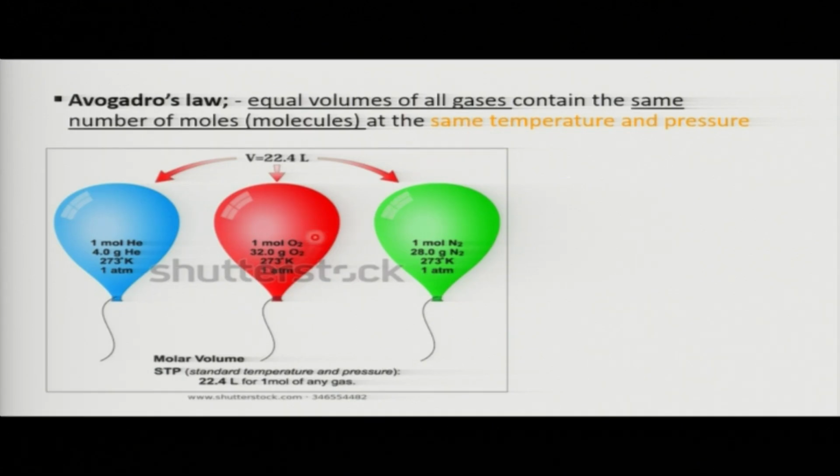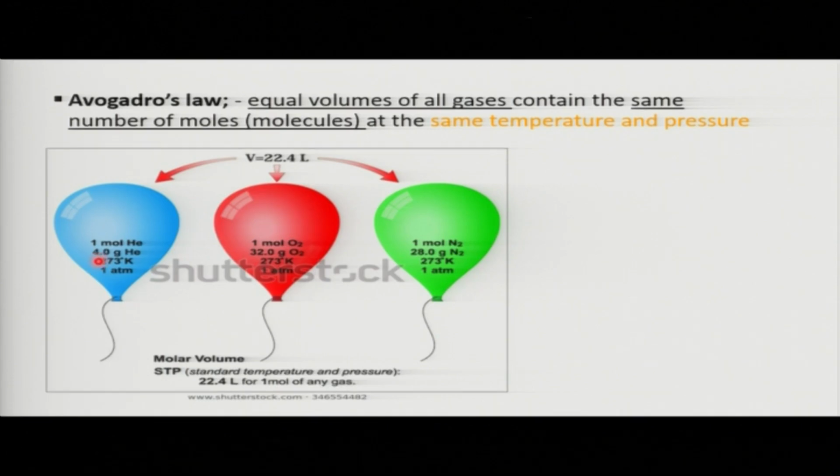Let's look here. In our illustration, the blue balloon has helium, red has oxygen, green has nitrogen. They have different masses: nitrogen 28, oxygen 32 because it is a dimolecule, and helium, as a single atom, has 4 grams.